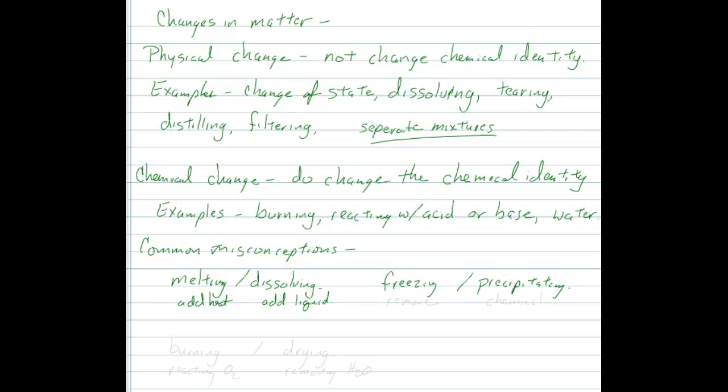So freezing is a physical change where you remove heat. Precipitating is a chemical change. You made a new substance that is not soluble, so it precipitates or comes out of solution, making an opaque or cloudy solution.